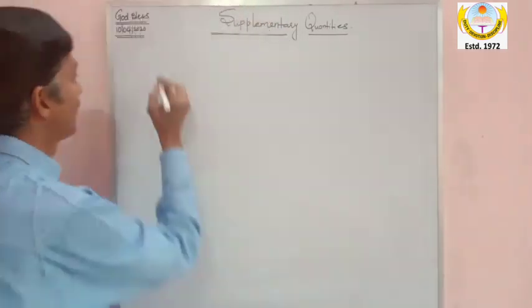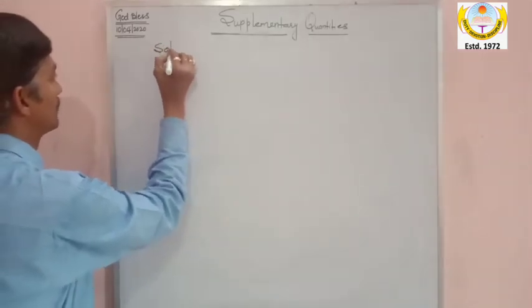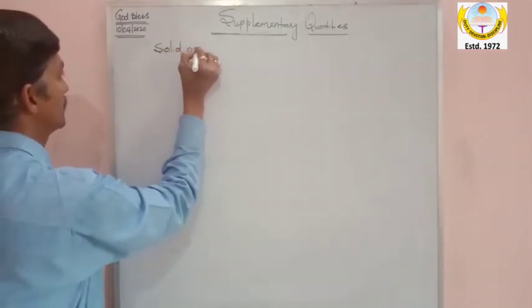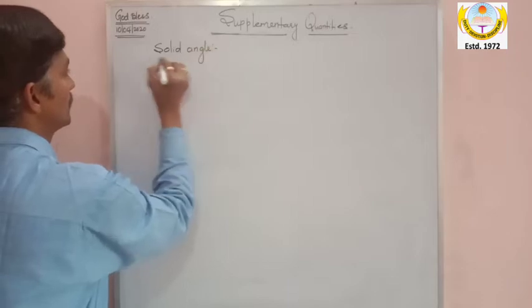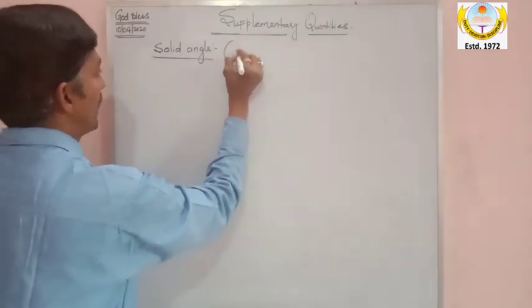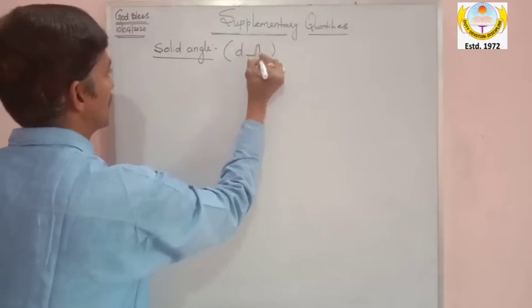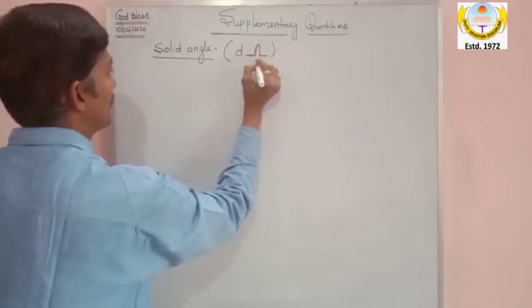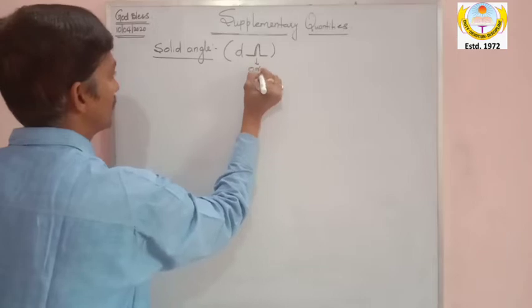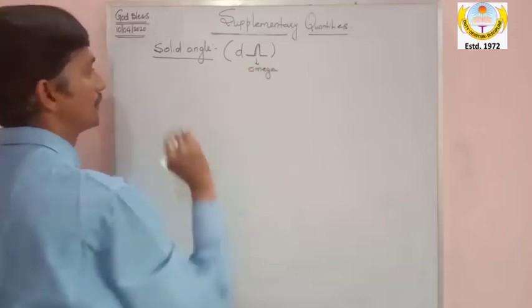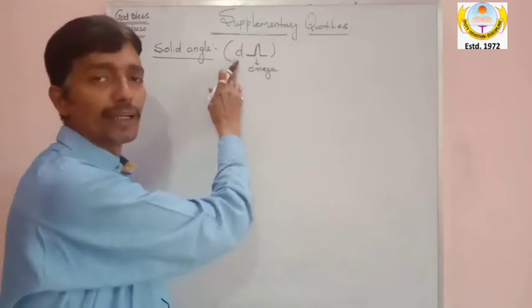Now here, my dear, when I talk about solid angle, it is denoted by d omega. This symbol you can see here, this is called omega, and this is d, so we call it d omega.